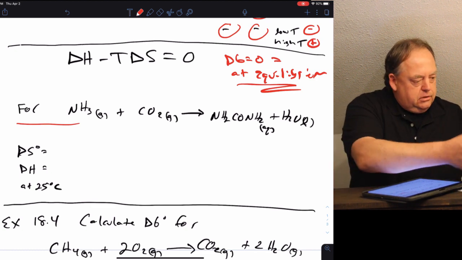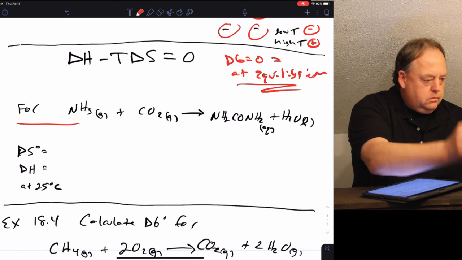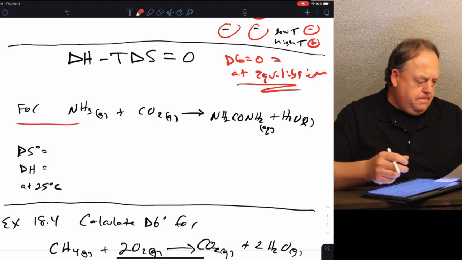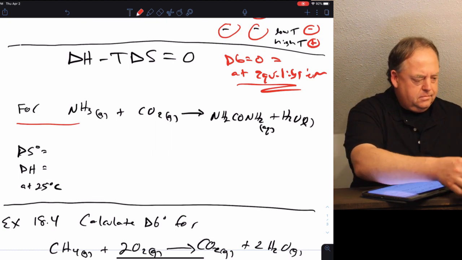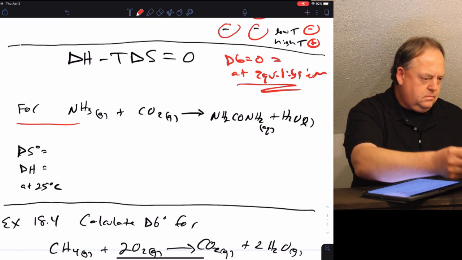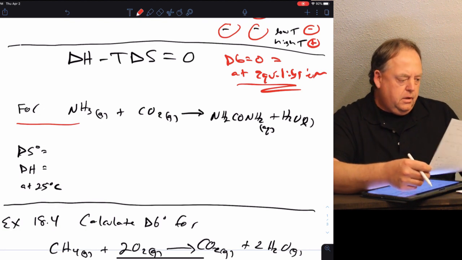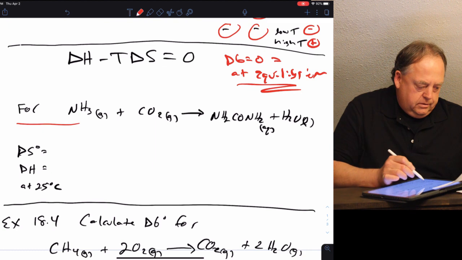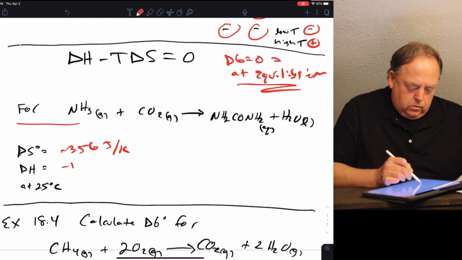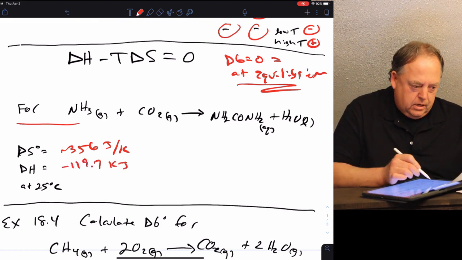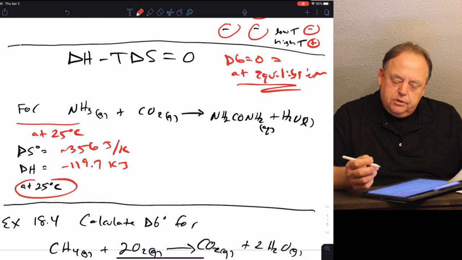If delta S for this reaction is negative 356 joules per Kelvin, and delta H is negative 119.7 kilojoules, and this is at 25 degrees Celsius, then what is delta G?